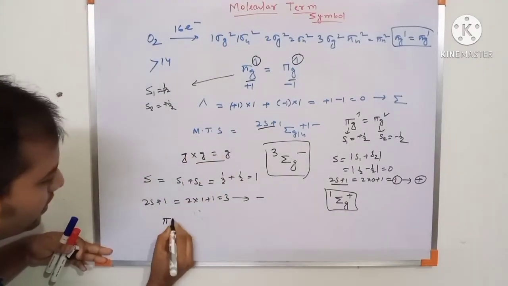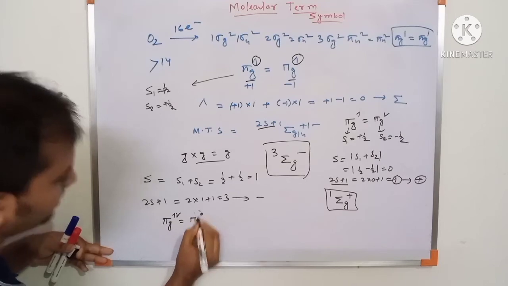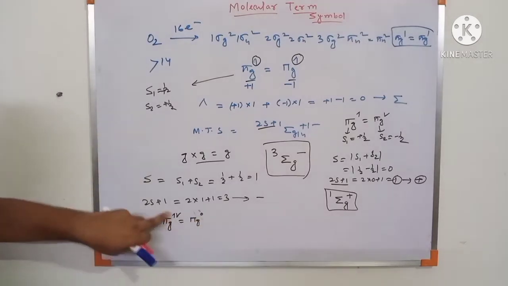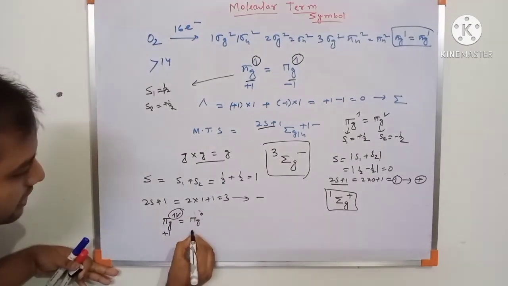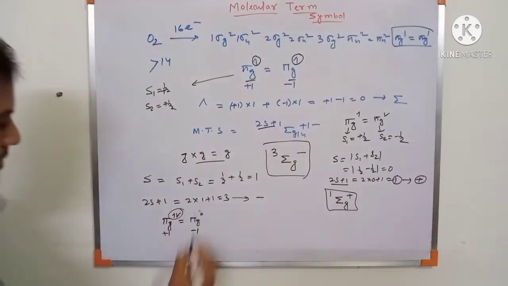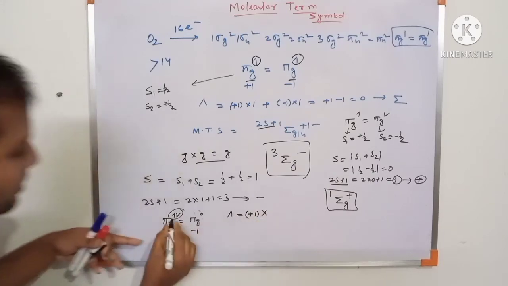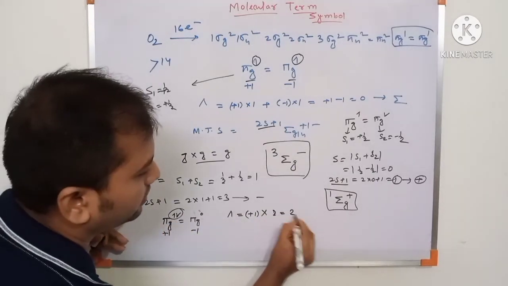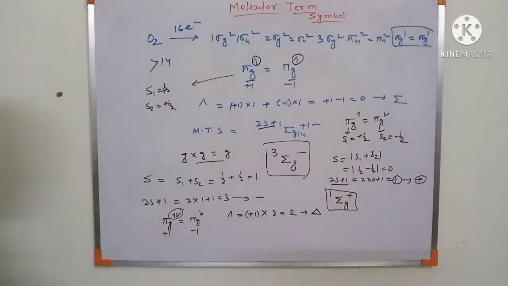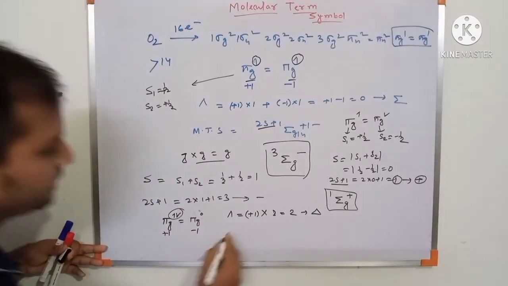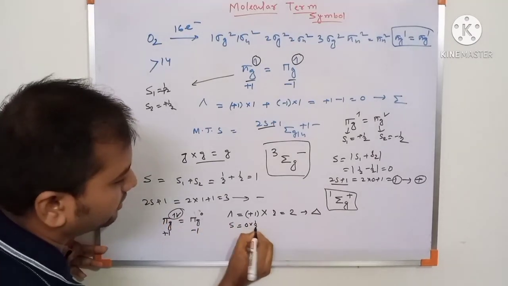Suppose pi g 2 and pi g 0. Suppose one pi g orbital having 2 electrons. So calculate, this is plus 1, this is minus 1. First I draw. So lambda equal to plus 1 into 2 electrons, equal to 2. We know 2, the spectroscopic term is delta. And S equal to, there is no unpaired electron, so 0 into half equal to 0.